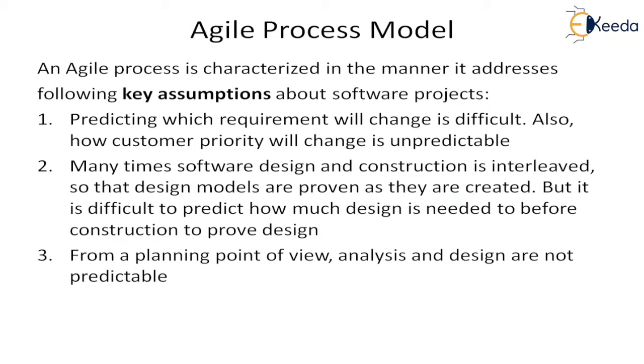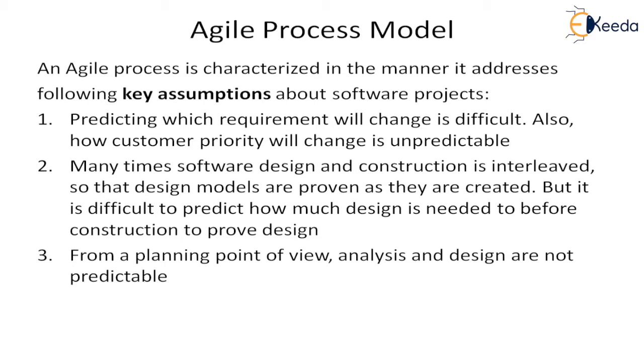The agile process model is not a single process model, but it is like a family of processes which follows the characteristics of the agile method. So an agile process is characterized in the manner it addresses the following key assumptions about the software project. The differences between different agile process models will be characterized by the way they handle these assumptions.